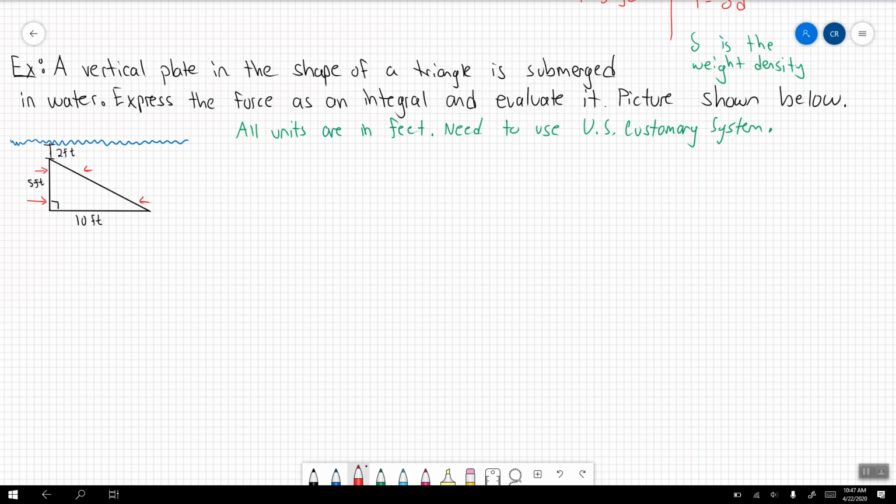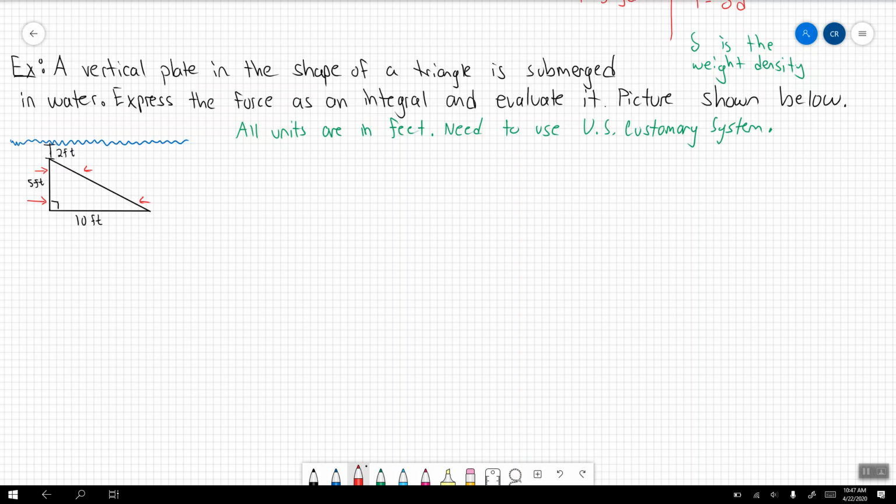Think about your head being submerged. You can feel the pressure of the water being exerted on your face, whether it's your mouth, your nose, your ears, your eyes. It's all going to have an even distribution of pressure depending on the depth that you're going. That's what we're trying to analyze here.